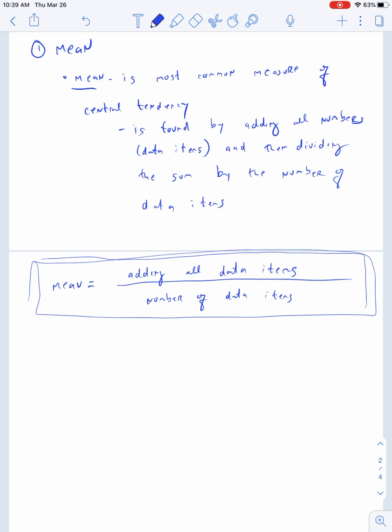But we can also use symbols to show this. The mean can be represented two different ways. It can be represented by this X with the line over it, which reads X bar.